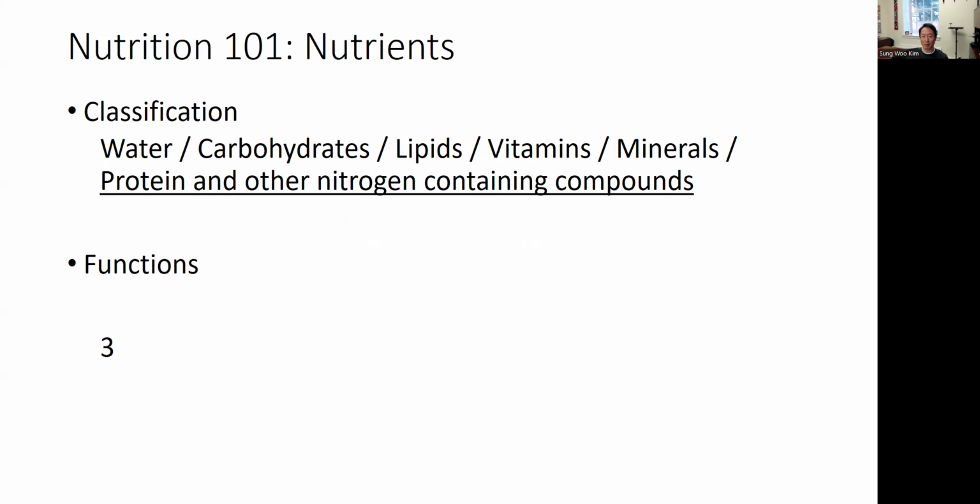Number one, making tissue, making the animal tissue, making plant tissue. Okay? Another function is we eat the food, okay? We obtain the nutrients, and we get energy from the metabolism of those nutrients. So energy generation.